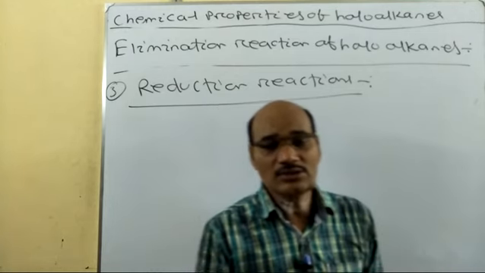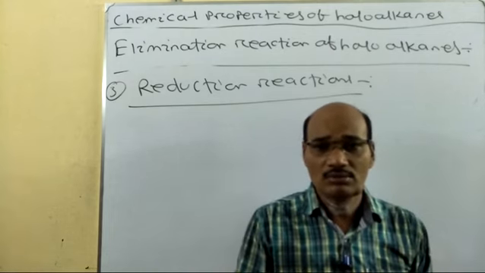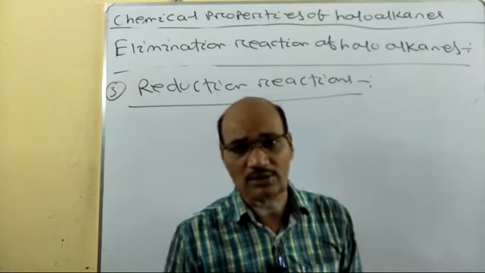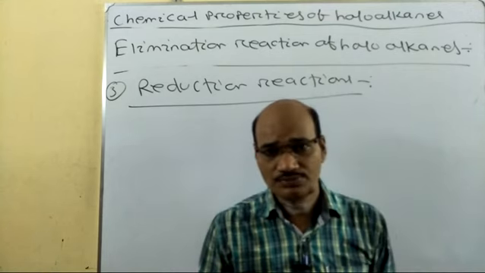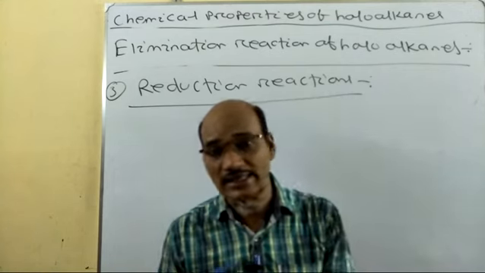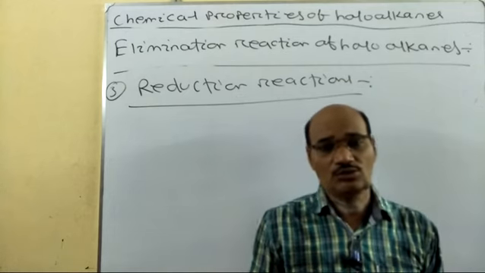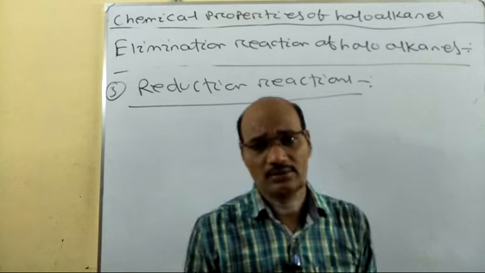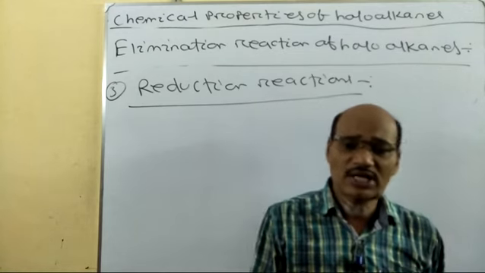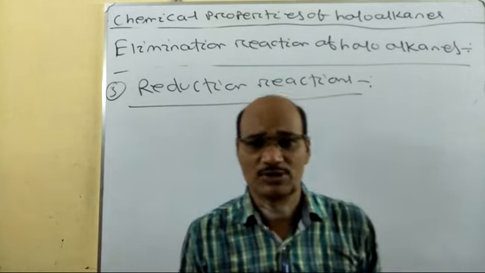So haloalkanes undergo reduction with zinc-copper couple, alcohol, sodium and alcohol, or nickel with hydrogen to give alkanes. Also, the haloalkanes can be reduced into alkane by using HI with red phosphorus.